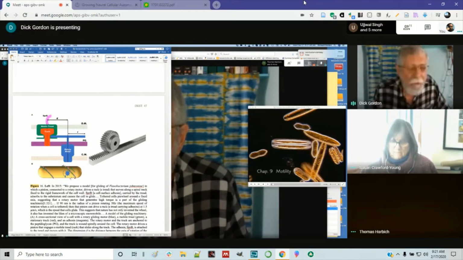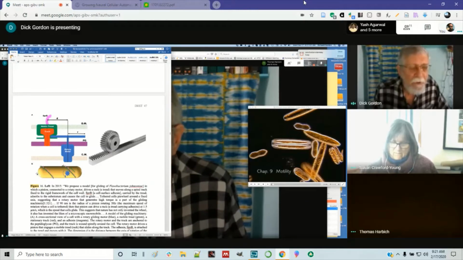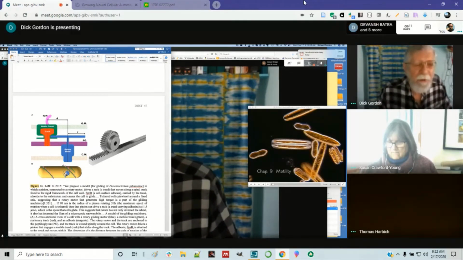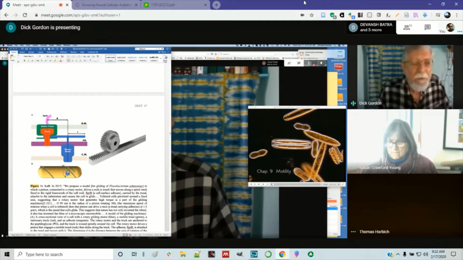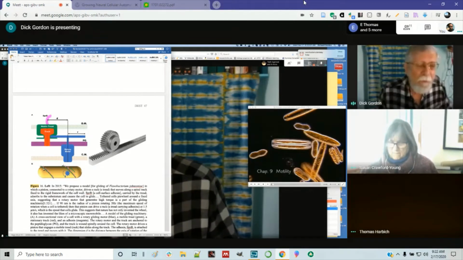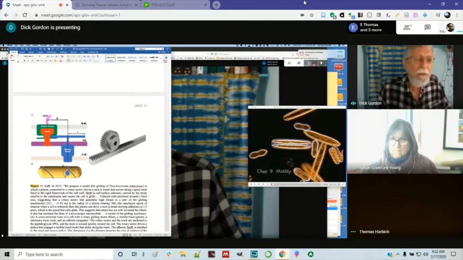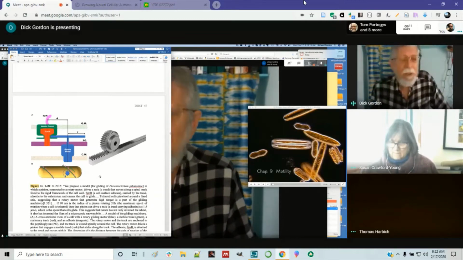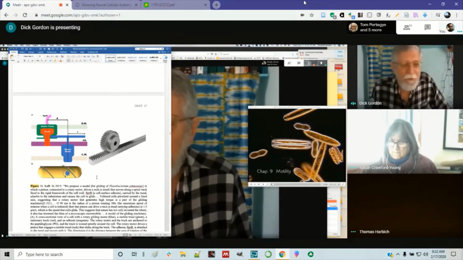It's wrapped around the cell. The cell is sort of cylindrical with two spherical caps at the end. And this thing has a helical wrap. It's a single track around the cell. And here's a little rotating gear, which they think is a molecule, and there'll be a whole bunch of them, I presume, along here, which make this track rotate, and these little oars stick out. So this is a model for an actual organism in 2015.